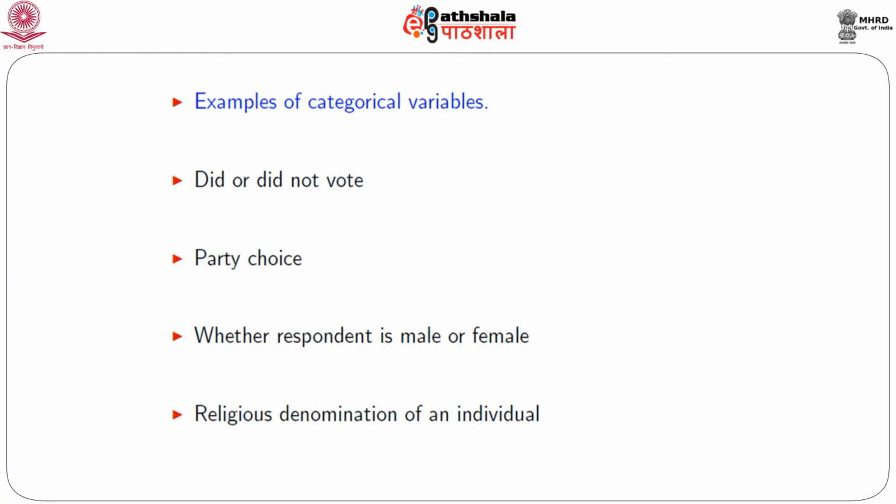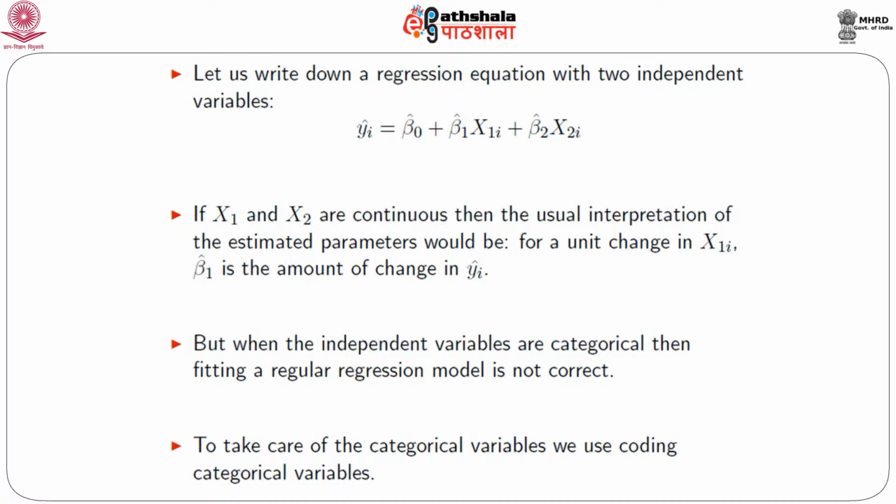These are variables that are categorical, which means they reflect a quality, they are qualitative. However, they can still be used as predictor variables in a regression model. And when we want to use categorical variables as one of the predictors in a model, we use regression models with dummy variables.